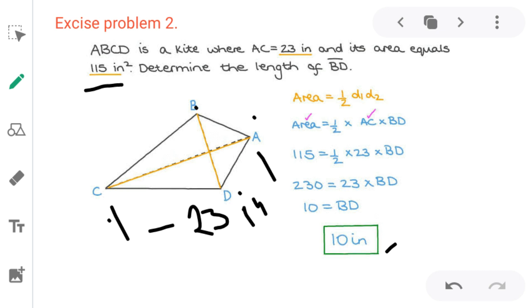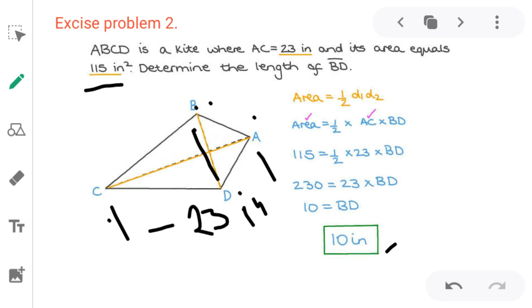ABCD is a kite. You may observe in the diagram, ABCD is a kite where AC is 23 cm and its area equals 115 inches square. Determine the length of side BD. Here it is the side B and D. B to D is the side. You have to calculate it.